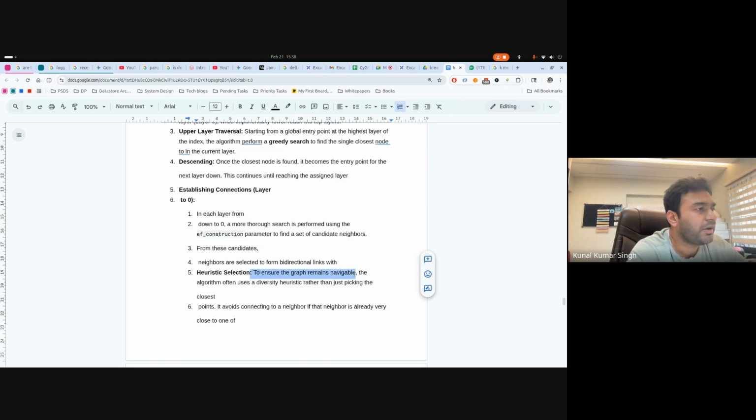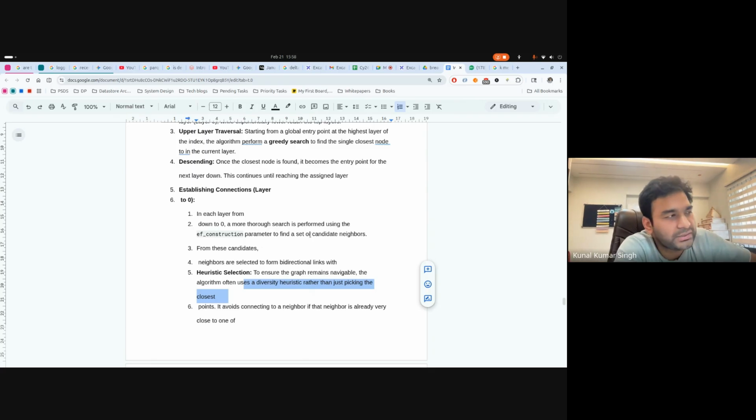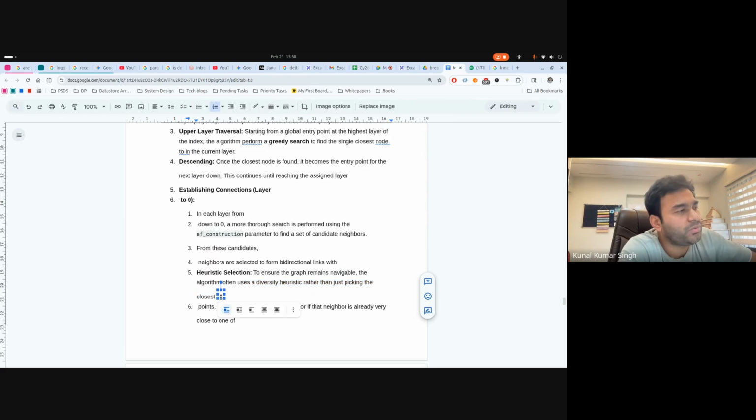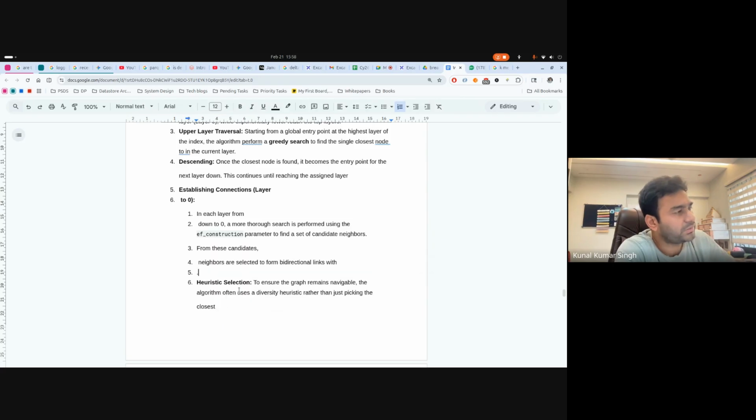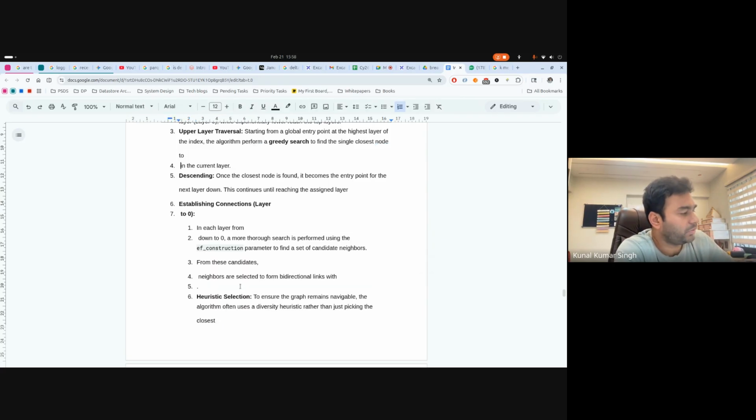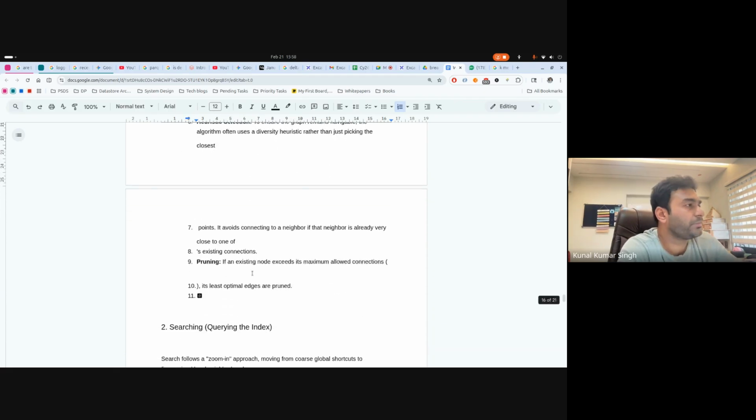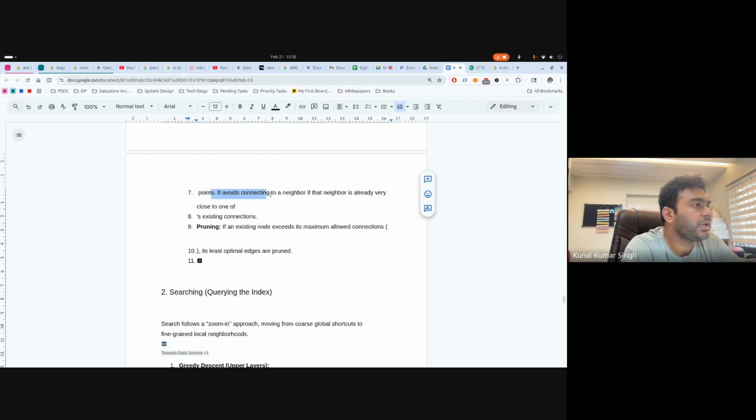To ensure that the graph remains navigable, the algorithm often uses a diversity heuristic rather than just picking the closest. So instead of just picking the closest and drawing an edge there, it will use a heuristic to connect to one of the similar nodes instead of the exact similar node, right? So it avoids connecting to a neighbor if that neighbor is already very close to one's existing connections, right?